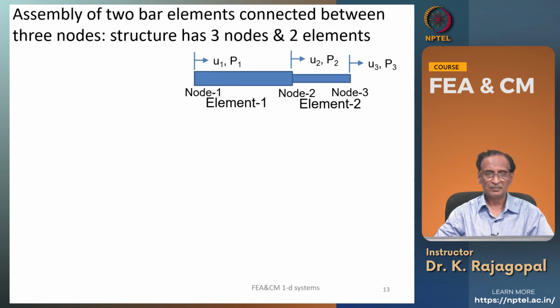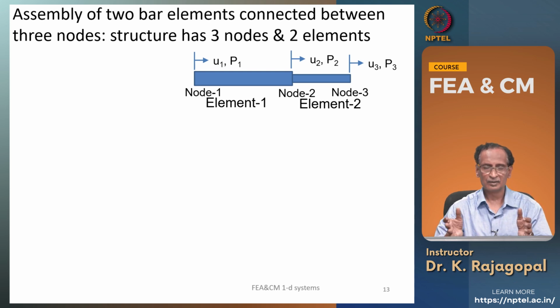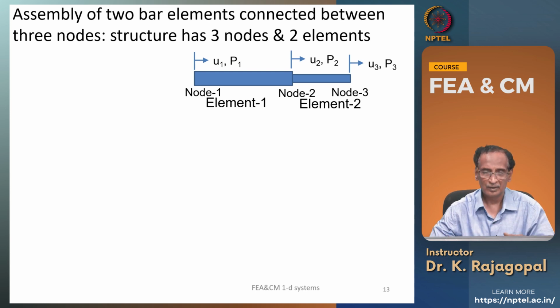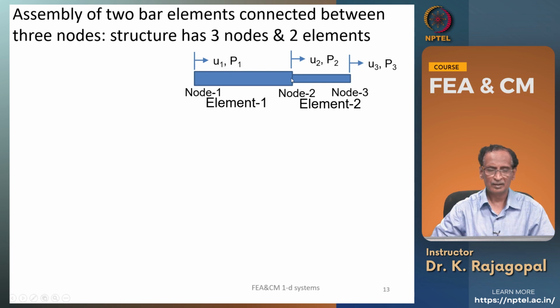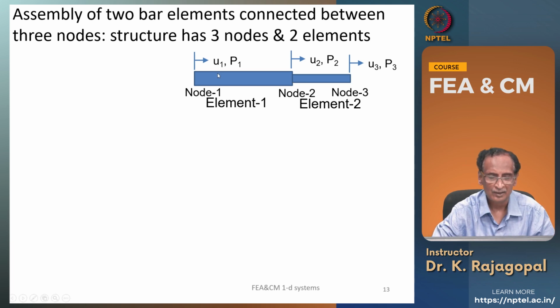So now let us continue for a larger body of our structure. Let us consider two elements, element 1 and element 2, and it is not necessary that they have the same cross sectional area and the same properties. Let each one have their own properties. Now we have 3 nodes, node 1, node 2, node 3, and 3 displacements u1, u2 and u3, and the 3 applied forces P1, P2 and P3.